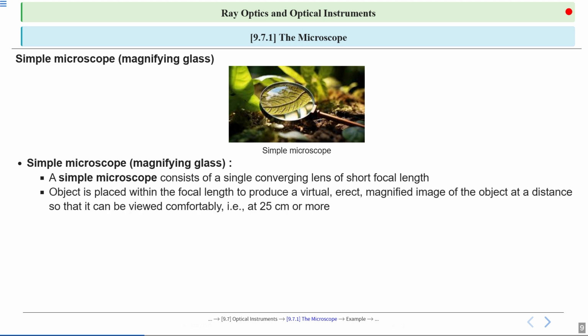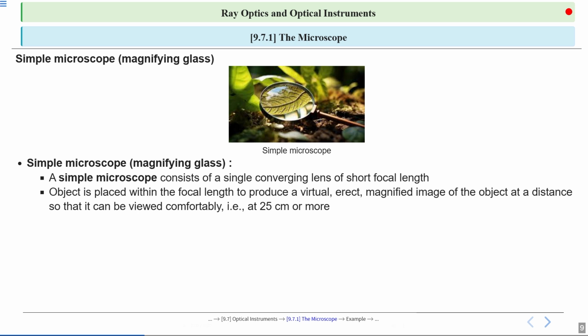So when using a simple microscope, the object is placed within the focal length of the lens. This positioning creates a virtual, erect and magnified image, allowing us to view the object comfortably at a distance of 25 centimeters or more. This is crucial for reducing eye strain during prolonged observation.